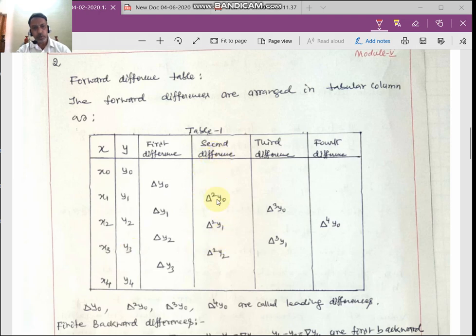Similarly, in the second difference column, Δ²y0 is obtained by the difference of Δy1 and Δy0. Δ²y1 is obtained from the difference of Δy2 and Δy1, and Δ²y2 is obtained from the difference of Δy3 minus Δy2. Similarly, Δ³y0, Δ³y1 are obtained, and in the last column Δ⁴y0, and these upper values called Δy0, Δ²y0, Δ³y0, Δ⁴y0 are called leading forward differences.